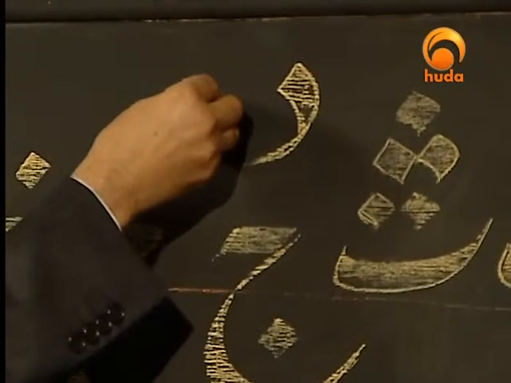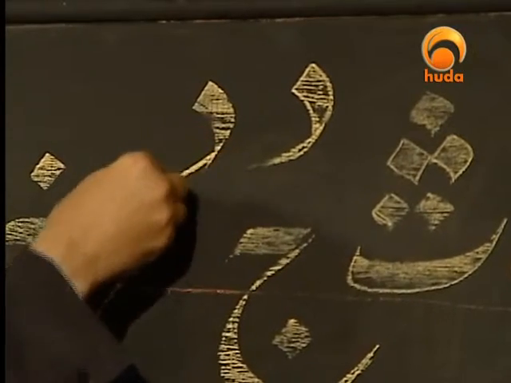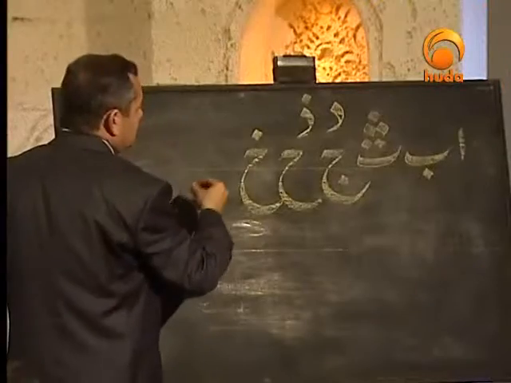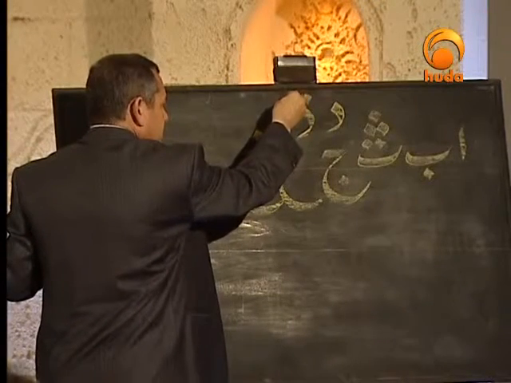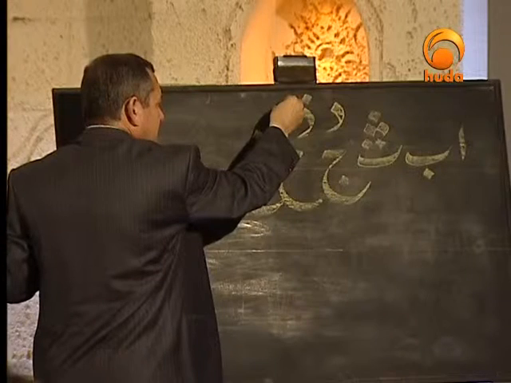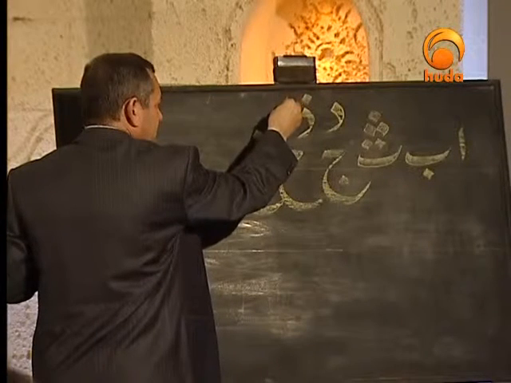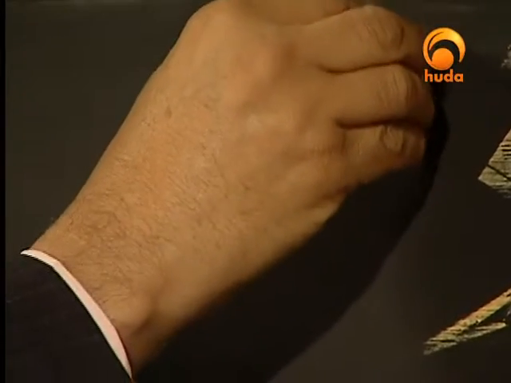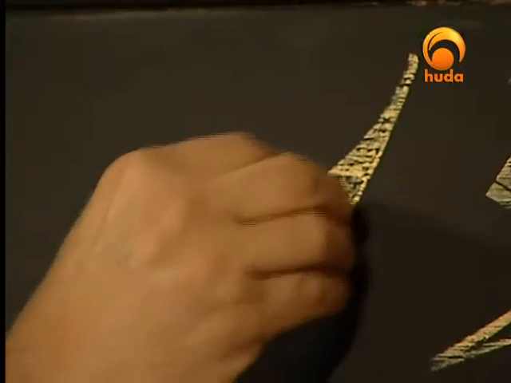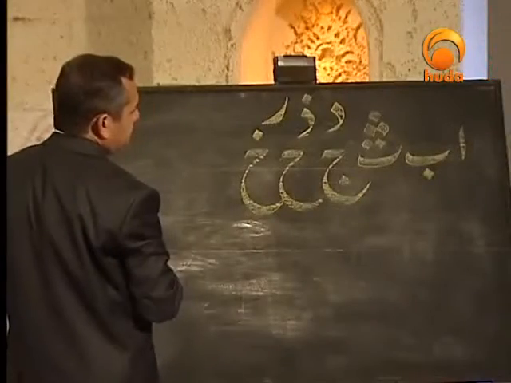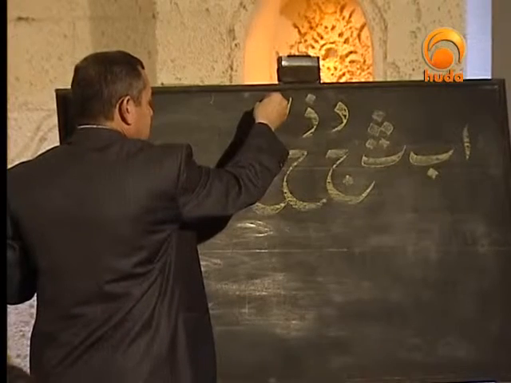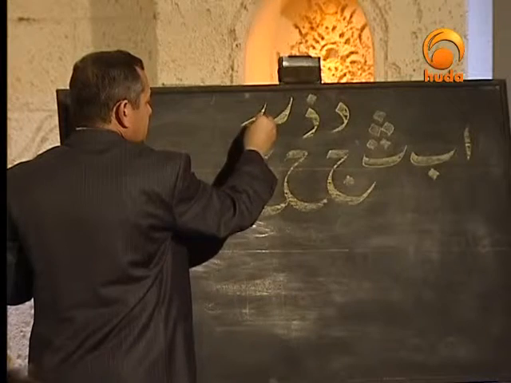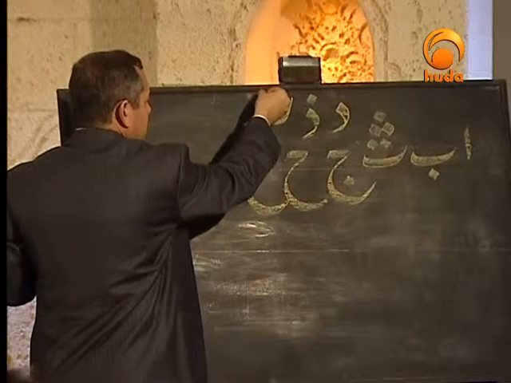Ra: thin, then the edge of my pen, and thick, full thickness, and a short letter also. Ra and Zayn, with one dot.